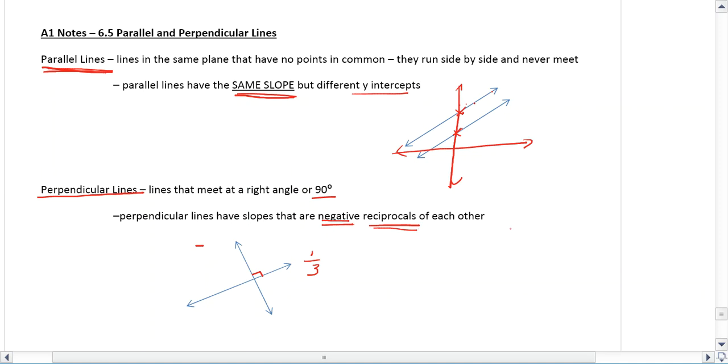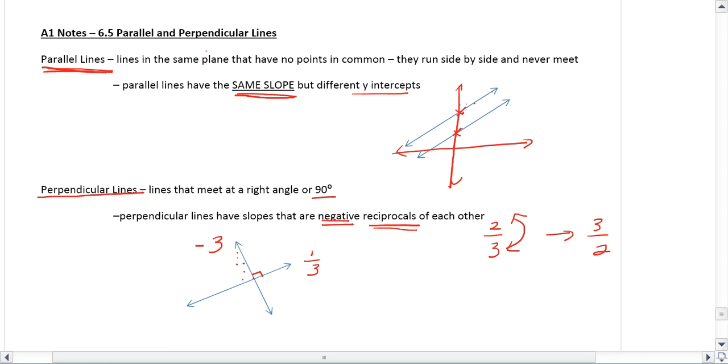And a reciprocal means that you flip the fraction. I'll just give you an example here. The reciprocal of 2/3 is 3/2. You flip it around. So the negative reciprocal of 1/3 would be -3, meaning the slope of this line is down 3 and over 1, down 3 and over 1.